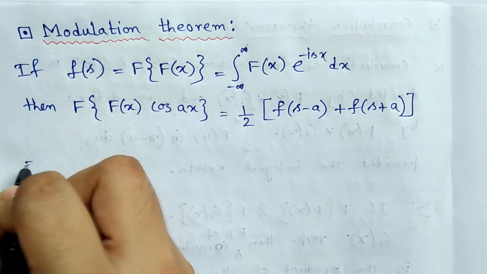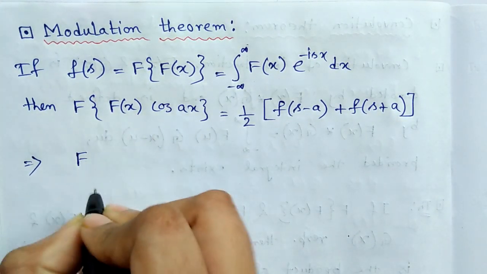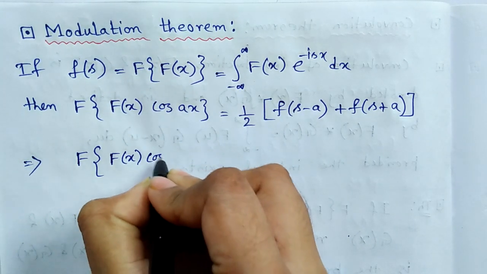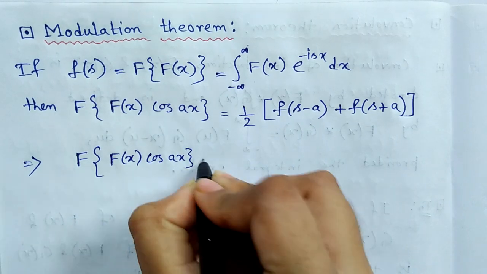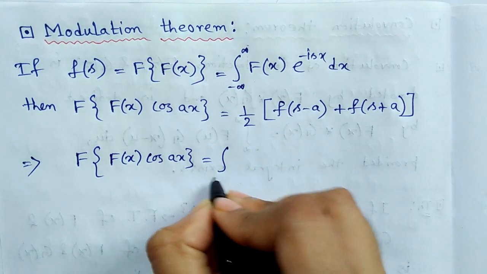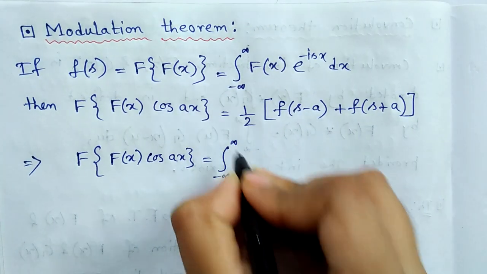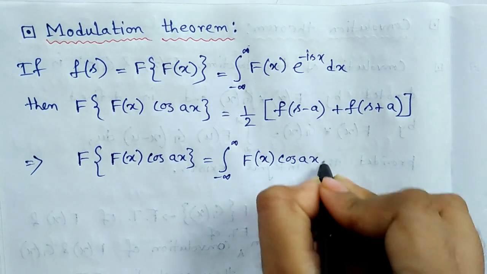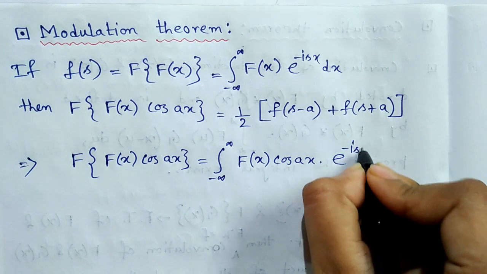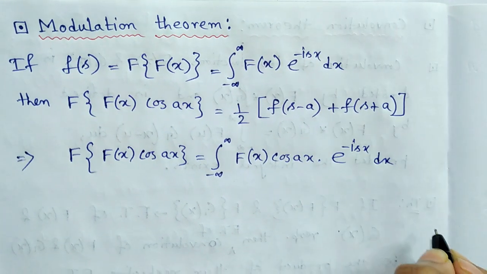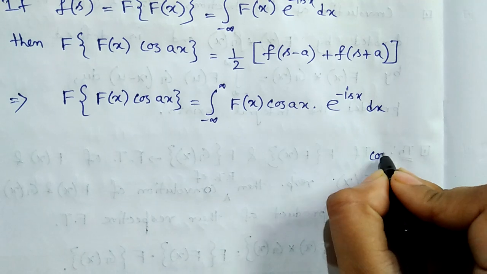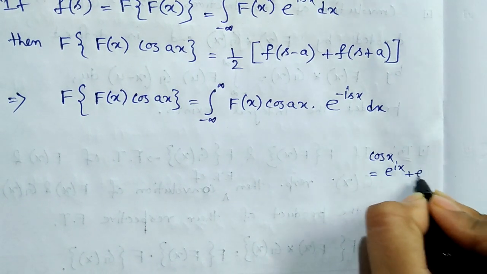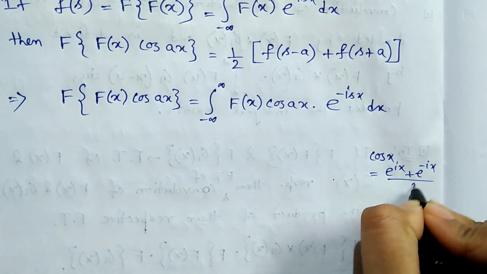So let's check it. Now the Fourier transform of f(x) cos ax, by the formula, is equal to integration minus infinity to infinity of the function f(x) cos ax into e to the power minus isx dx. Now as we know, cos x equals e to the power ix plus e to the power minus ix by 2.